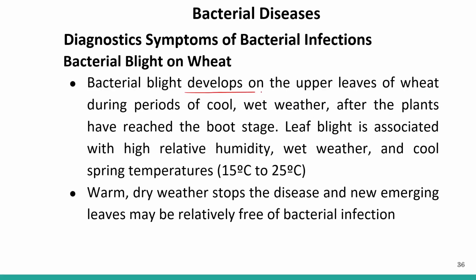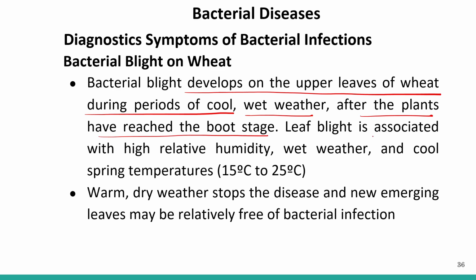Bacterial blight develops on the upper leaves of wheat during periods of cool, wet weather, after the plants have reached the boot stage. The leaf blight is associated with high relative humidity, wet weather and cool spring temperatures. So generally this disease occurs when there is wet weather and high relative humidity, when there is more moisture in the air, and cool spring temperatures of 15 to 25 degrees centigrade.